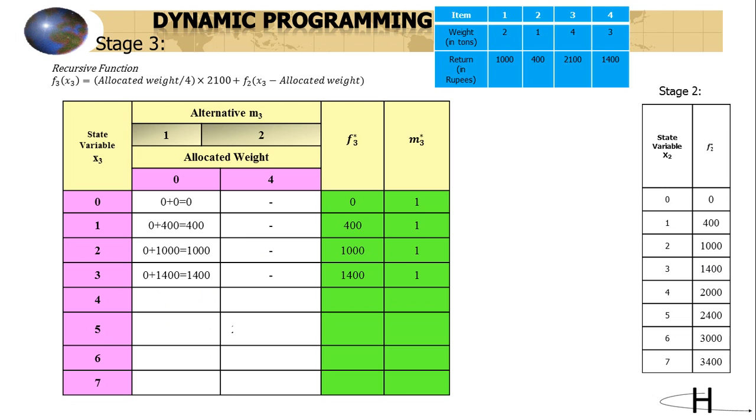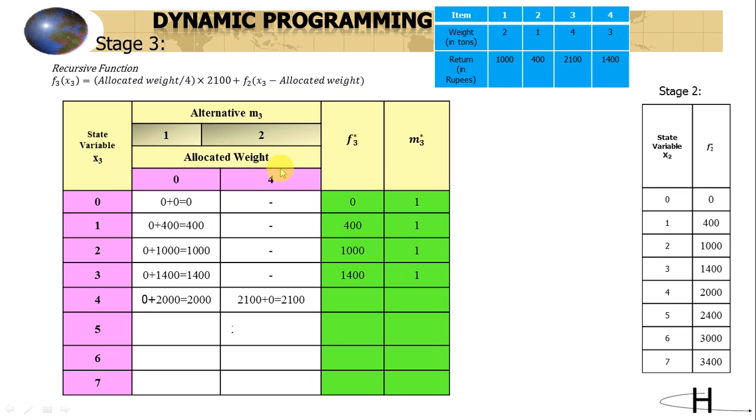Now when we consider x3 equal to 4 and allocate weight 0, the value of the recursive function will be 0 plus 2000, equal to 2000. Now here we can allocate weight 4.